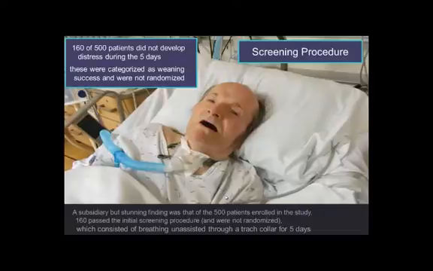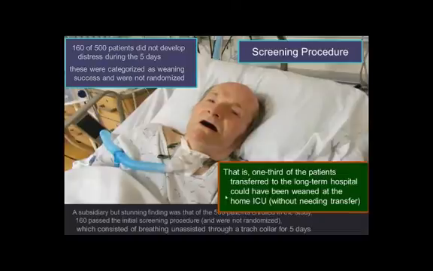And so these patients were categorized as weaning success, and they were not randomized into the study. Of course, that means that 1/3 of the patients who were transferred to RML could have been weaned at the home ICU without needing transfer. And of course, a fair number of these patients came from Loyola and from Heinz. So, okay.